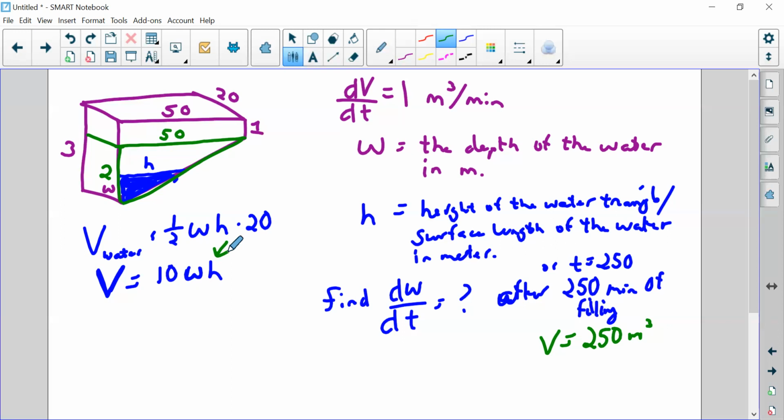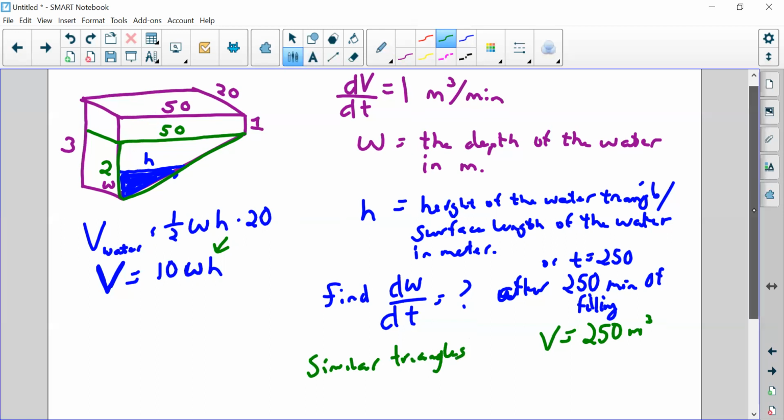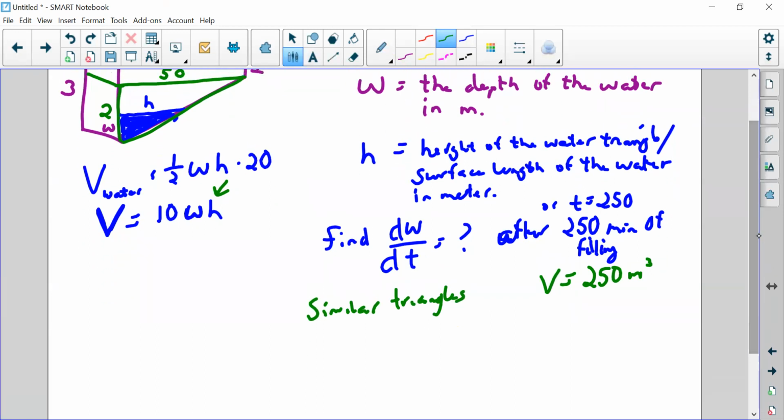W is equal to H. So, with our similar triangles, we see that in the water triangle, the blue triangle, we have W is 2H, as in the green triangle, 2 is to 50.